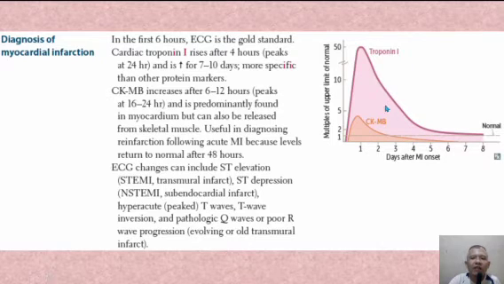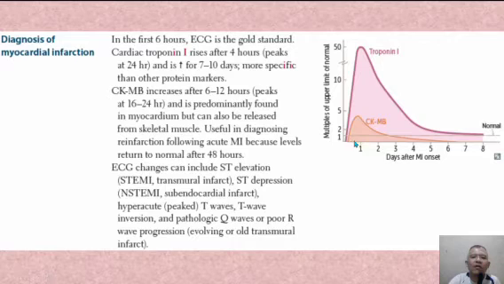These are enzymes that are liberated by the necrotic cardiac tissue. They rise almost at the same time. However, the persistence of the troponin makes it different from CKMB.